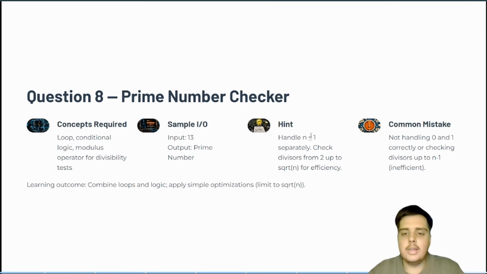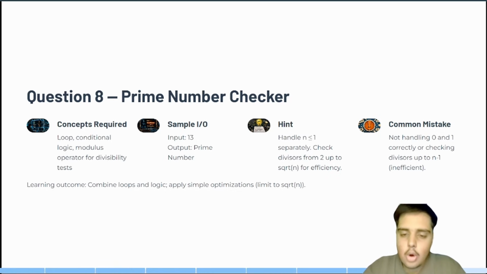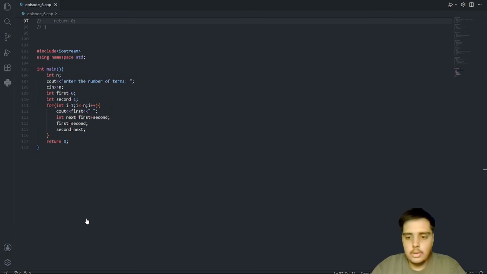Handle n less than or equal to 1 separately and check divisors from 2 up to square root of n for efficiency. A common mistake is not handling 0 and 1 correctly or checking divisors up to n minus 1. So this is a little bit advanced level. It's a little more tricky. But yeah, we will do this also.